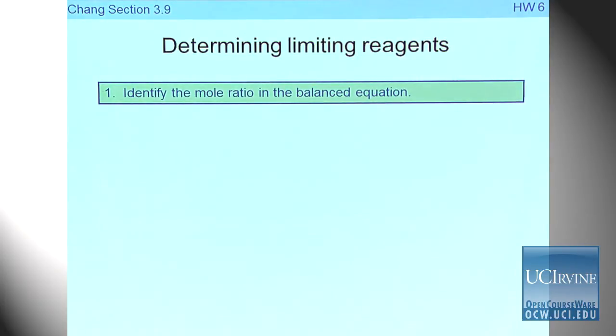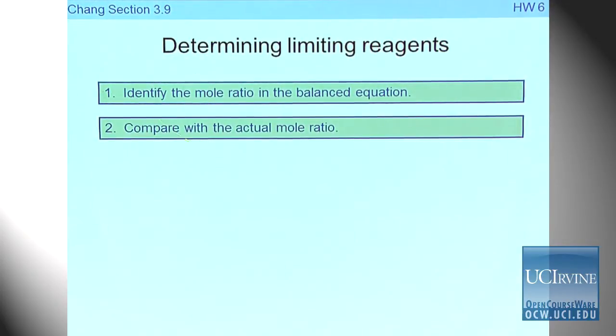Then we're going to calculate the mole ratio of the reagents in the actual number of moles that you have. We use quantities that are given in the question. Okay? We call that the actual mole ratio. And then you're going to compare the mole ratio as stipulated by the equation with the mole ratio that you get from the actual numbers of molecules that you have.